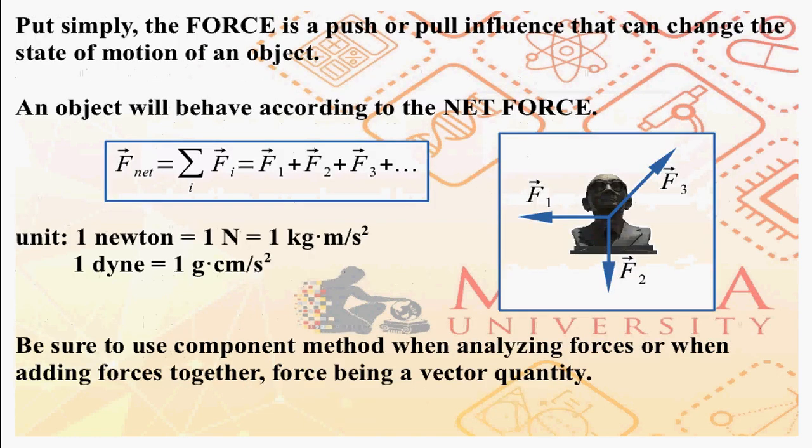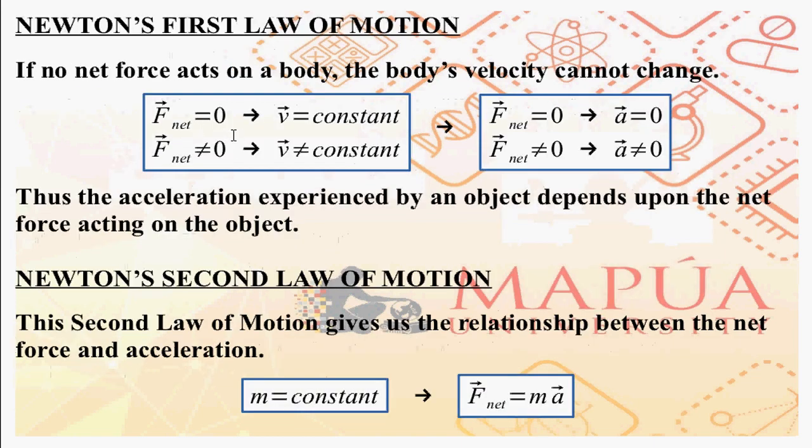Meaning, if you sum up all the forces acting on the object and F net is equal to 0, then the velocity of the object cannot change. The velocity of the object is constant. So if F net is equal to 0, the velocity is constant.